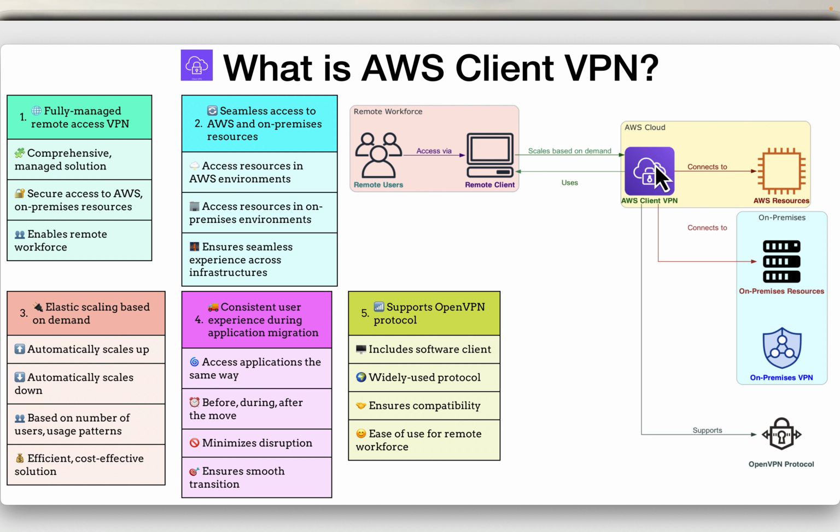Not only that, you can also configure Client VPN to access your on-premises resources. The main purpose is AWS resources, but you can configure the on-premises resources as well. And this supports the OpenVPN protocol.